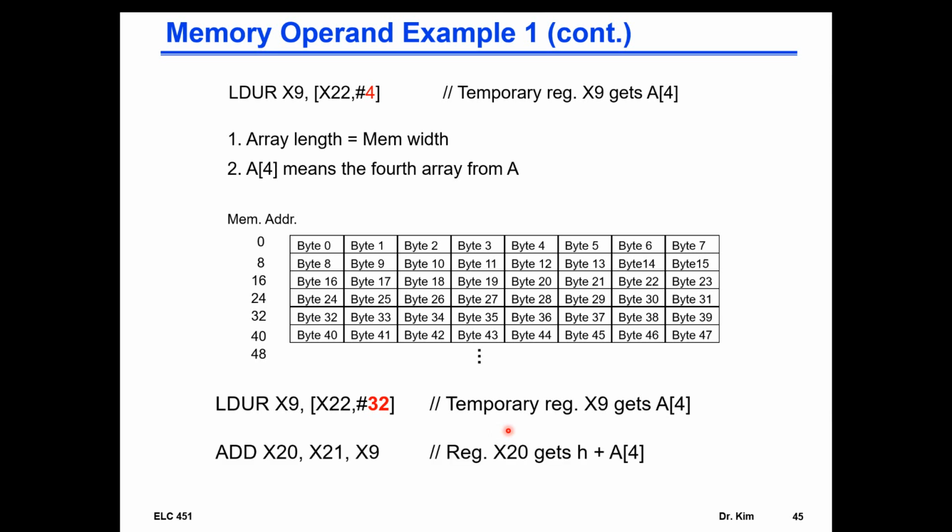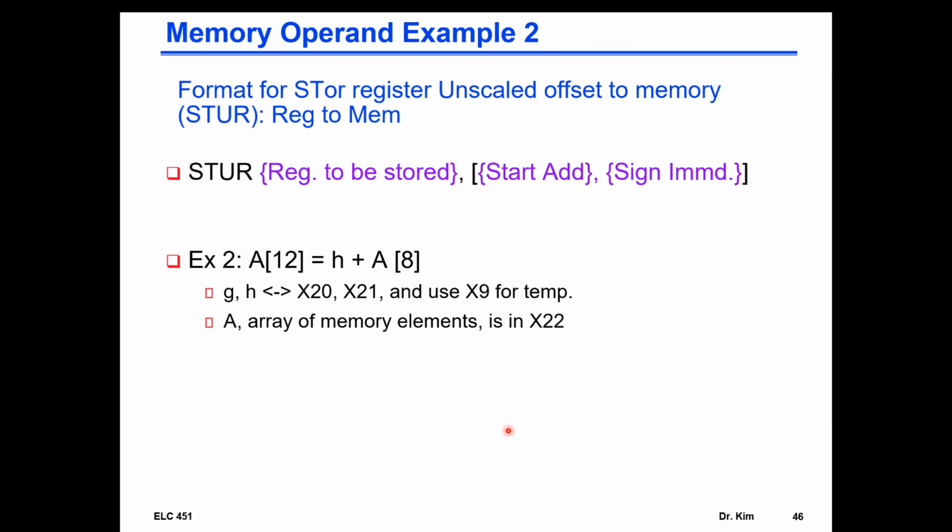And then we can do the addition. And then we can use the store, which works exactly the same way, but instead of getting the data from memory to a register, gets the contents of a register into a memory location, but the mechanism to find out what is the actual address is the same.